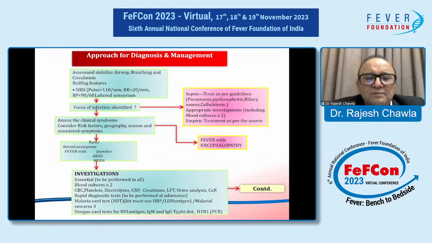And if it is not clear, malaria, because we belong to an area where all these are prevalent all the time. So malaria, dengue, and leptospira, we should send these, based on the number of days, whether NS1 would be more appropriate or IgM would be more appropriate. And H1N1, if it is prevalent and you are seeing cases, then you must send that.